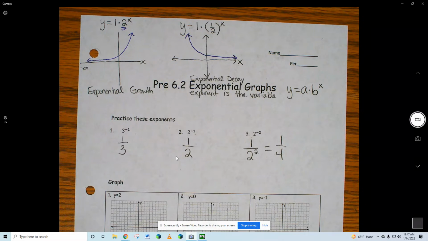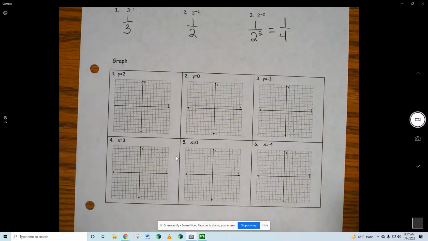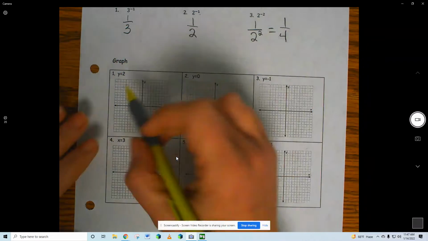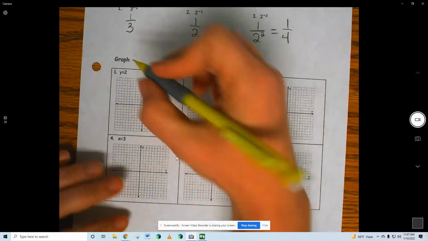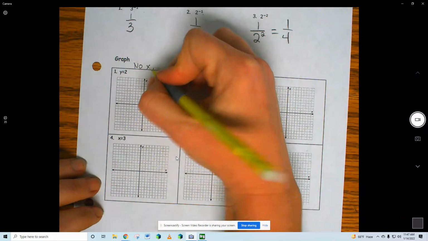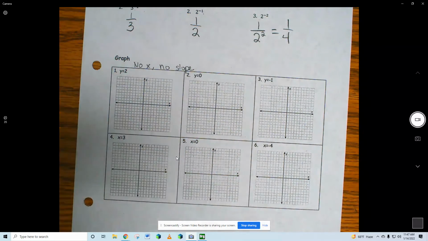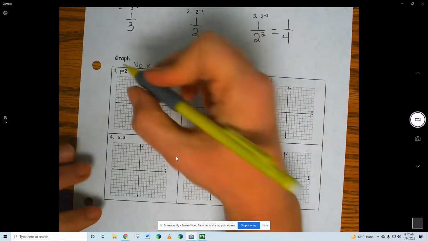Okay. Now 1 through 6 is me just graphing. Y equals 2. No x. That means no slope. This is a vertical, just kidding, sorry. It's a horizontal line.